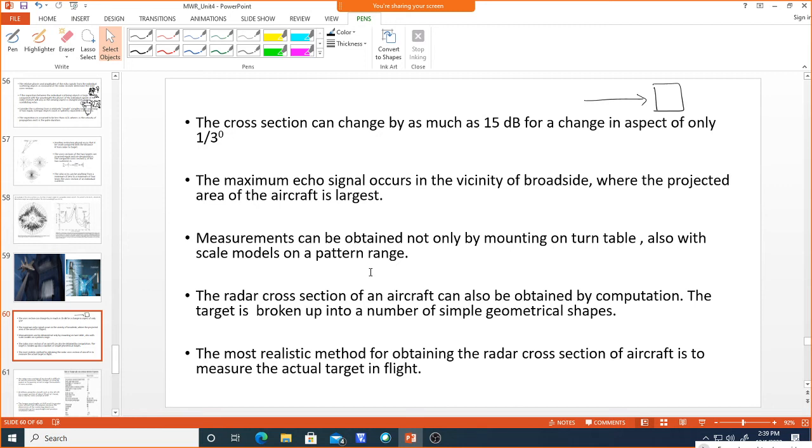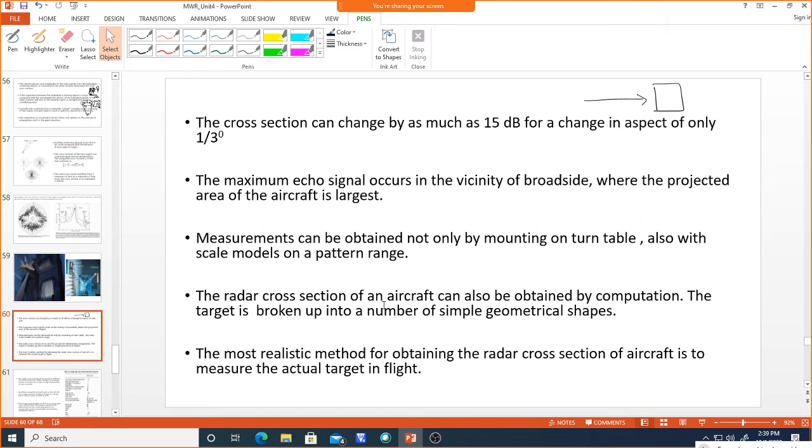With a fan beam, the beam width in one dimension will be different from the beam width in the other dimension. So different pattern ranges and scale models can be used to measure the RCS of the device or aircraft. Okay.